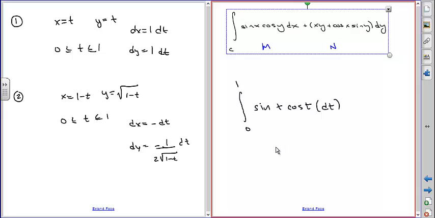And then you have the second part, which is x, which is t, times y, which is t squared, plus cosine of t, sine of t, the whole thing times dt. So that would be the integral along the first path, the straight line. Sine of t cosine of t dt.